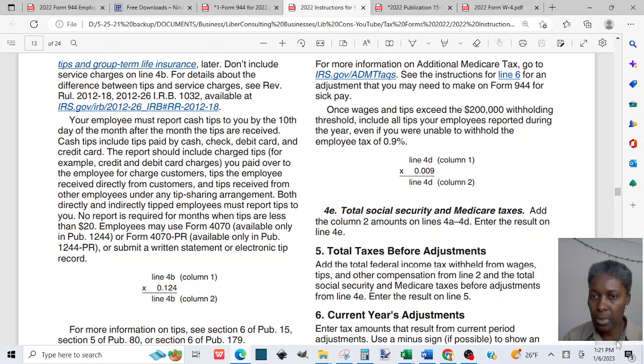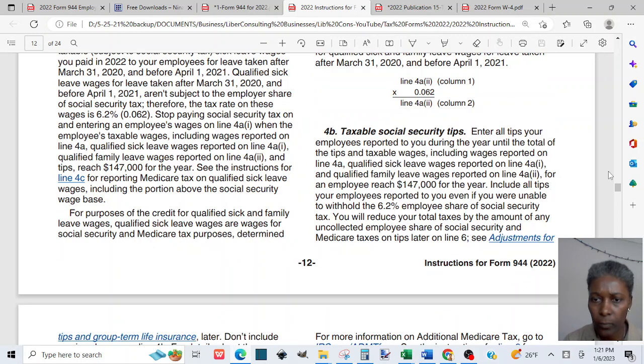I don't know if it makes sense. But you, the business owner, are not going to contribute the 0.9% of Medicare additional tax on that salary that exceeded 200,000. So let me see where they really explain it.